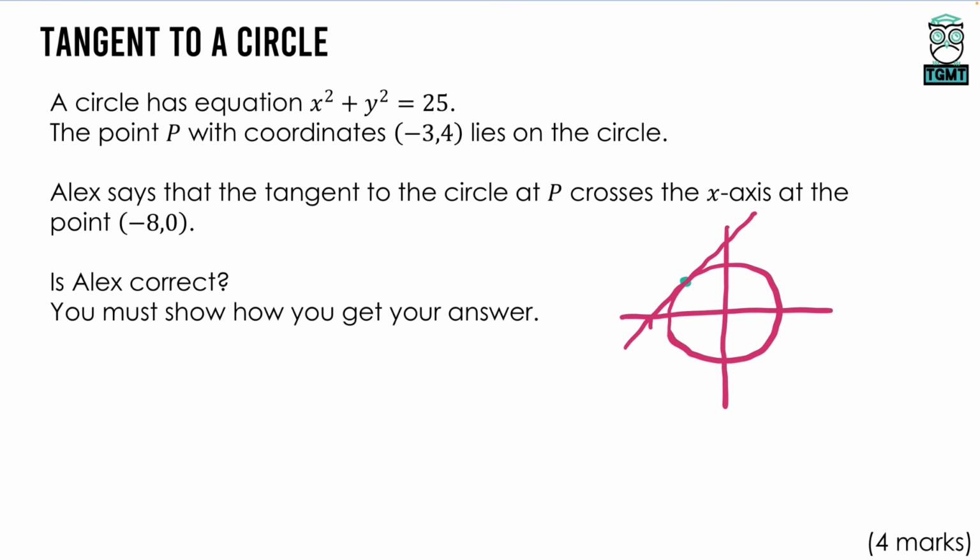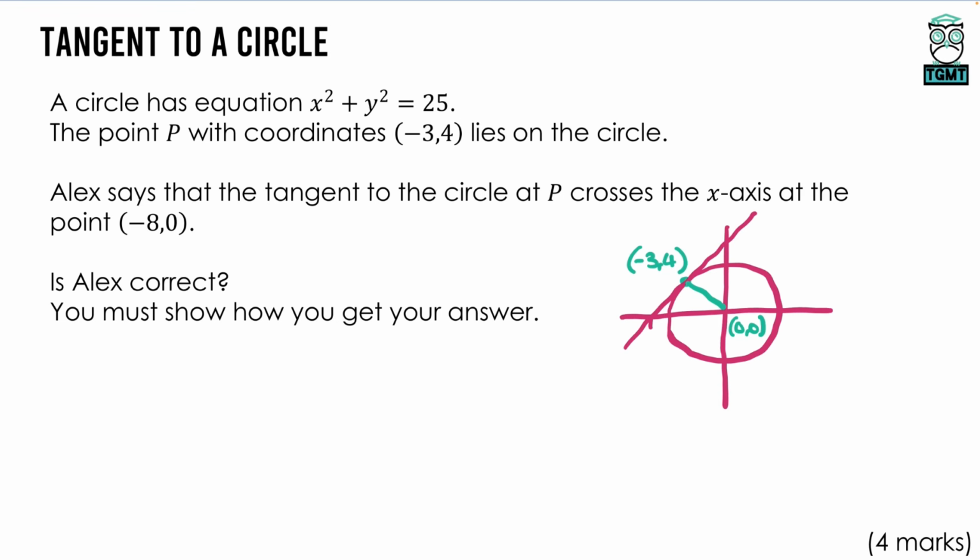So when we are looking at a tangent to a circle, the first thing we look at is the gradient of the radius. And this circle is centred at 0, 0. So we are looking from 0, 0 to the point on the tangent, which we've been told is -3, 4.